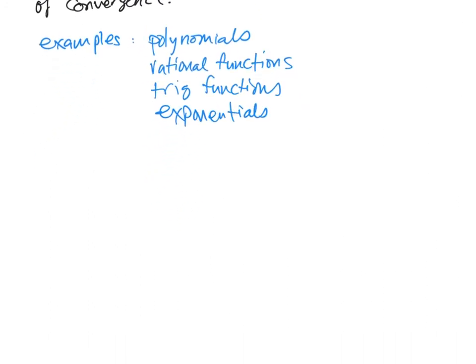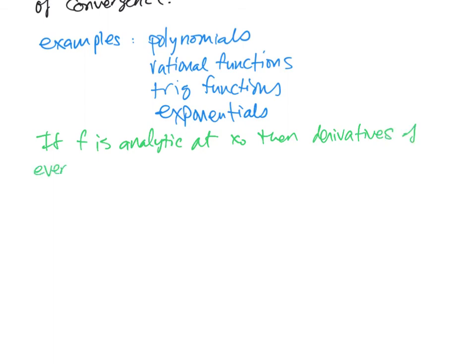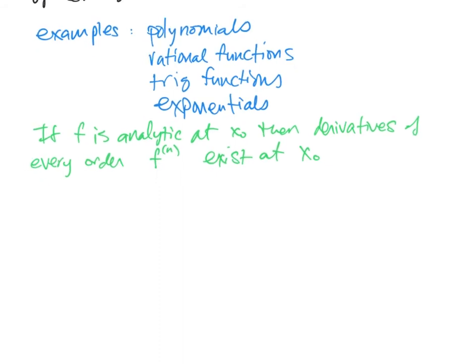So we have the fact that if f is analytic at x naught, then derivatives of every order exist also at x naught. So if f is analytic, then you can take derivatives as many times as you want, which is a really, really nice property of a function. And in fact, we know how to take those derivatives.